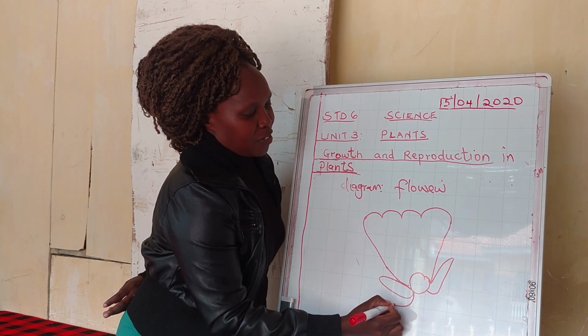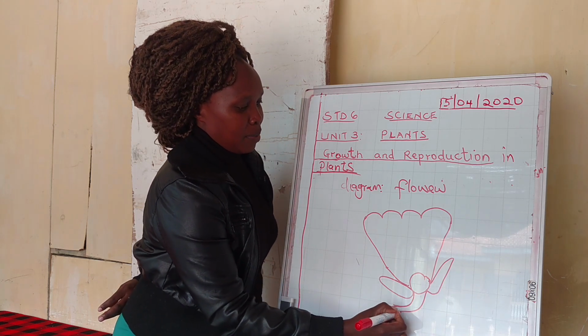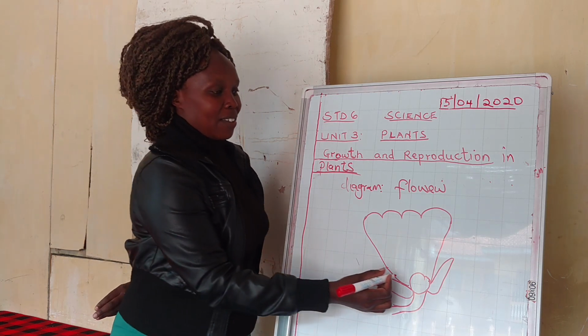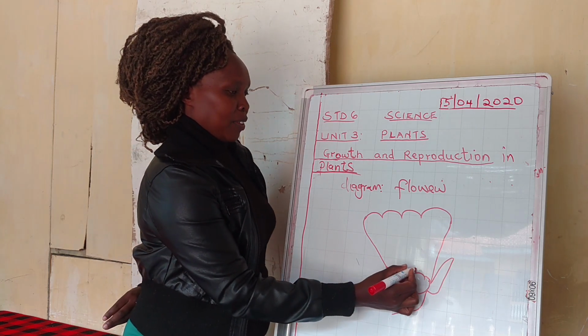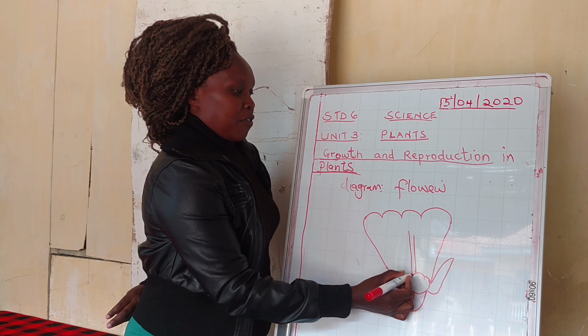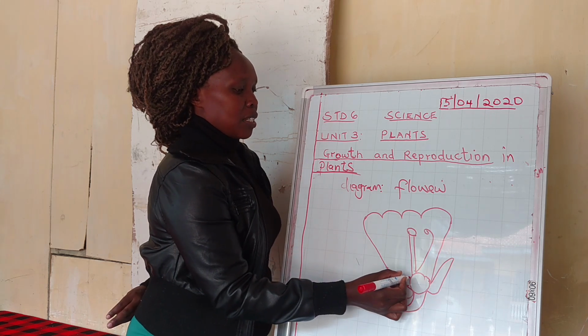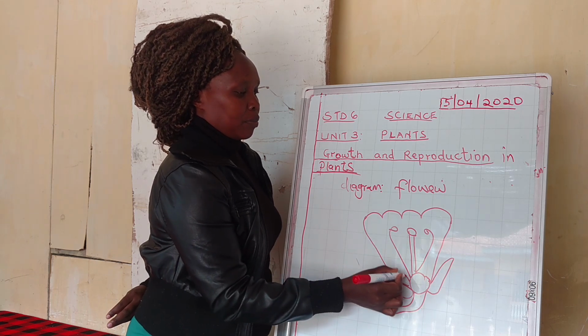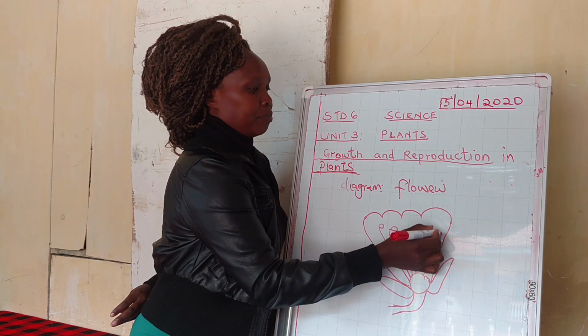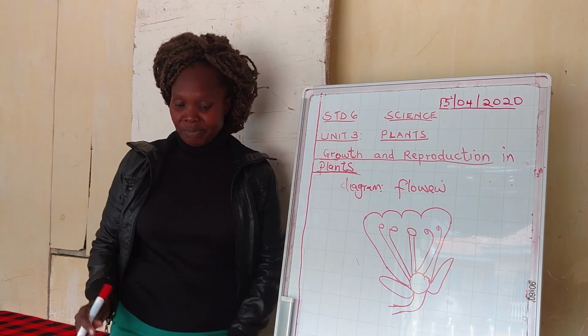I'm going to name the different parts of the flower, but in the next lesson, I would like that you come with a flower of any type. Then we can do our practicals in the next lesson. So this is the sketch of a flower.